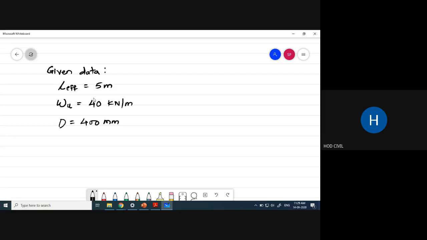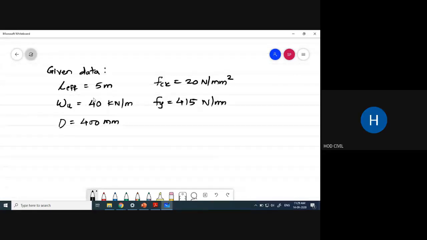The grade of concrete is 20 Newton per mm square, so FCK is 20 Newton per mm square and FY is 415 Newton per mm square. Width of supporting column is 230 mm. So I will write down width of column as 230 mm. So this is the given data.